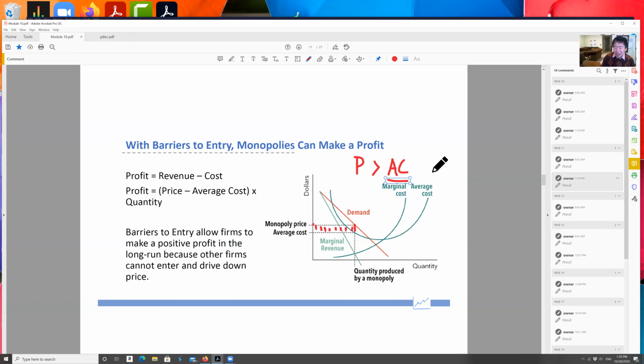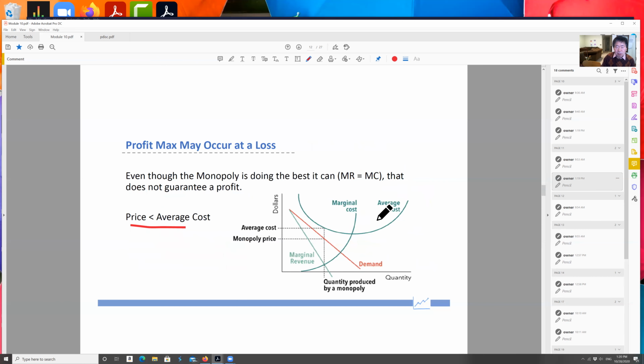But just because you are the only firm, it does not guarantee that you will be earning a positive profit. Sometimes demand shrinks and even the monopolist may be losing money. Okay, so that example is illustrated in this diagram.